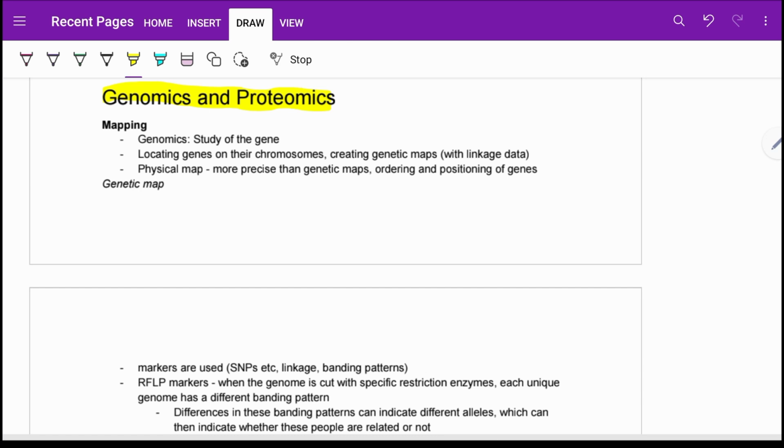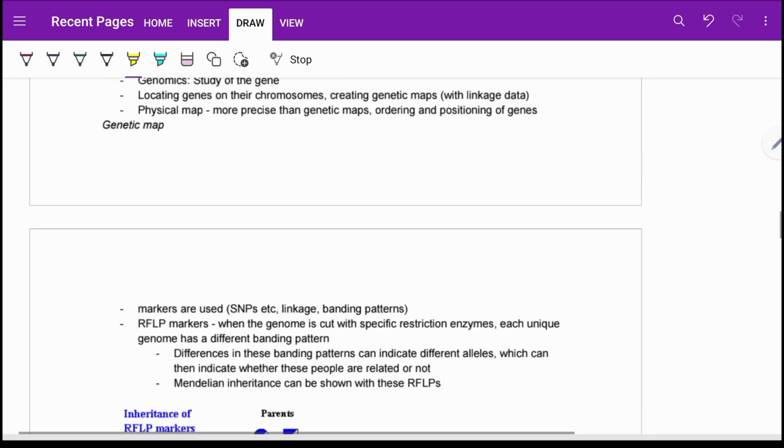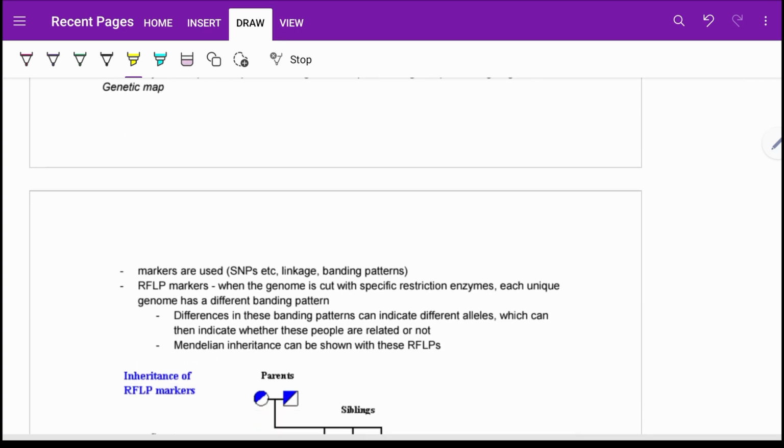And so we have two types of maps. We have genetic maps and physical maps. For genetic maps, we use markers such as short tandem repeats. We use linkage studies just like we did in the last unit, calculating the distance between two genes.